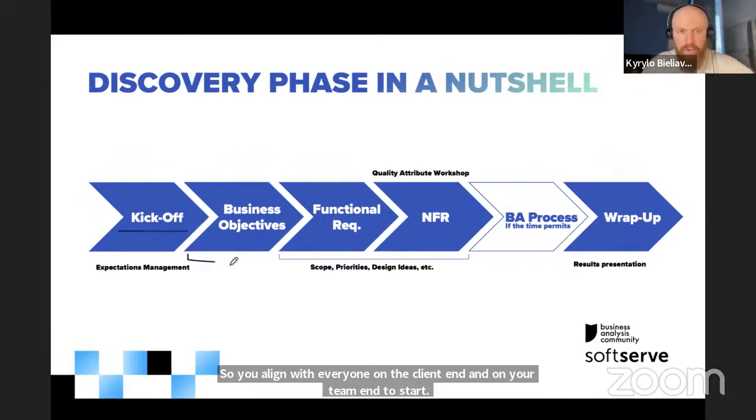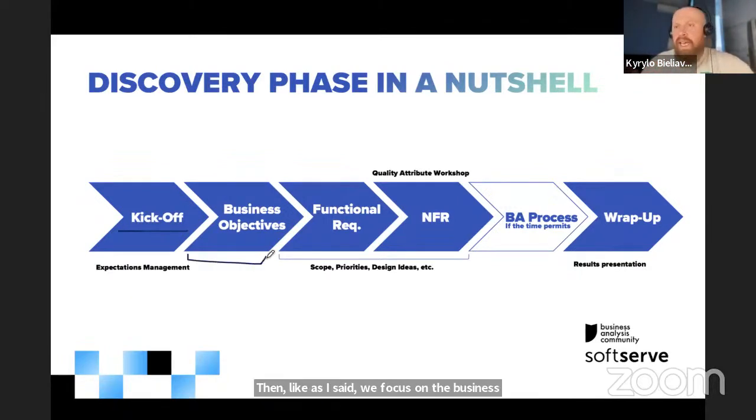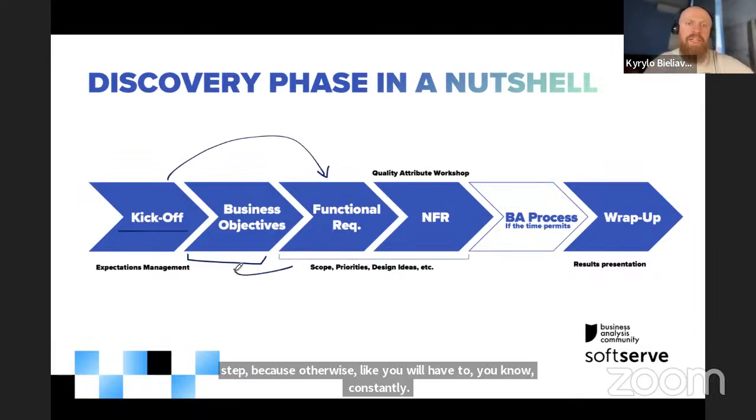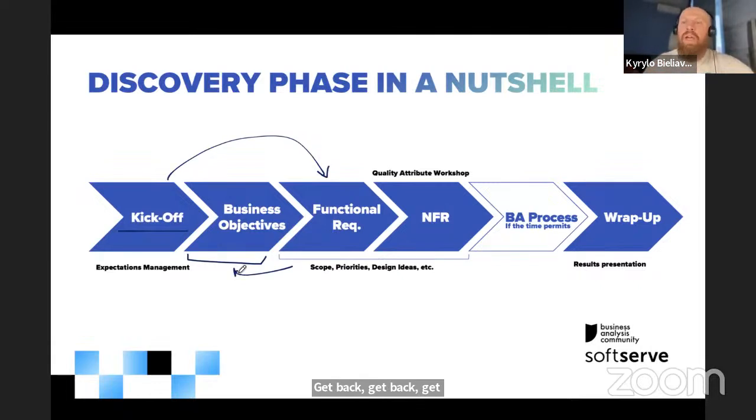Then, as I said, we focus on the business side of things, and this can be very fast, but in some cases it may take longer. But I really advise not to skip that step, because otherwise you will constantly have to get back, not understanding why the requirements are changing, or what the client is trying to tell us.